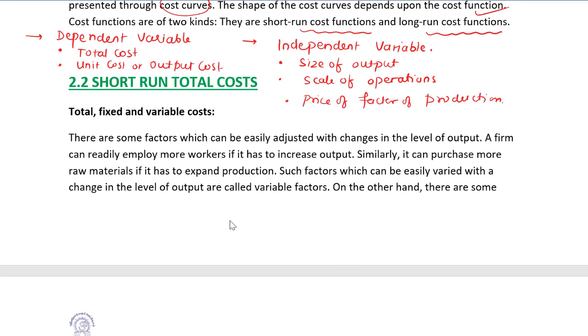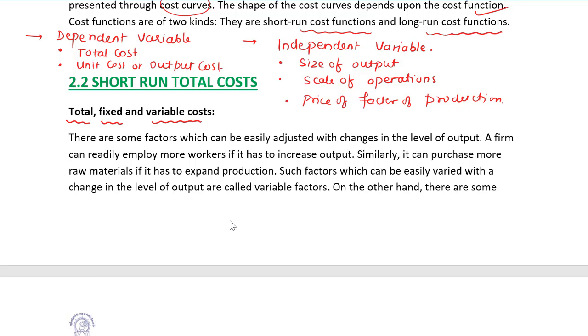Let us continue and see short run total cost, fixed cost, and variable cost.